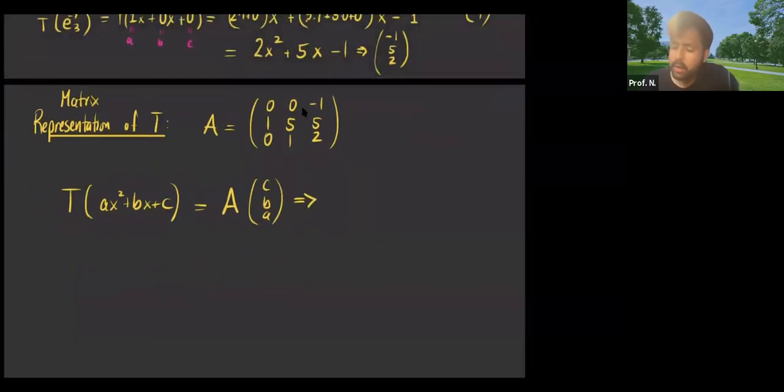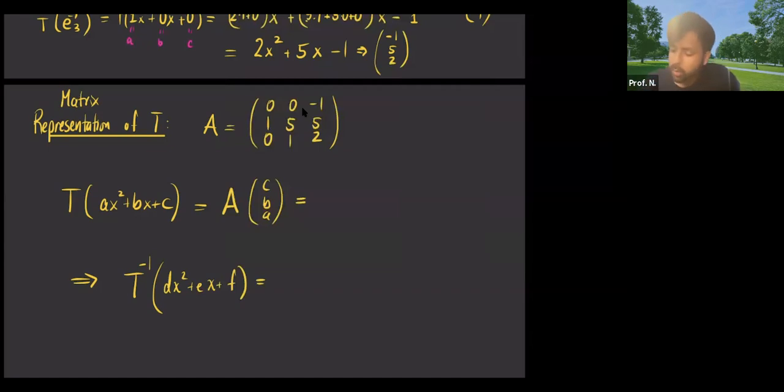But now I want to find the inverse. So I want to take something from the result and get it back. How does that look? If I call this another polynomial, using different letters, dx squared plus ex plus f, I want to get back my polynomial.